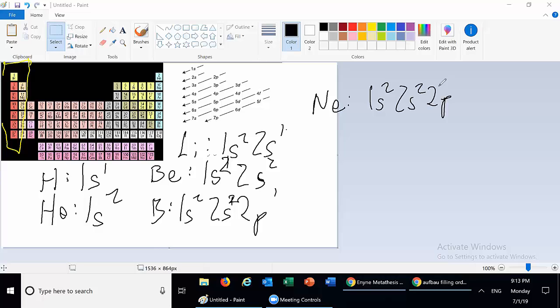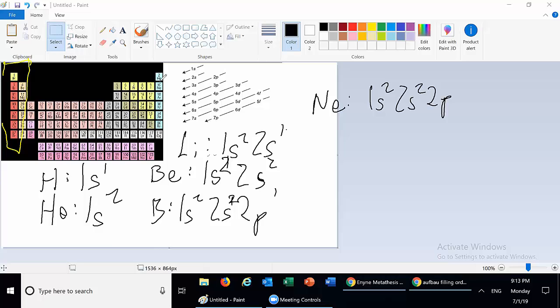Well, let's see how the periodic table can help us here. So we started from boron. Boron has 1 p electron, right? With boron, we put 1 electron into the p orbitals. So now for carbon, we add another electron, then another, and another, and another.